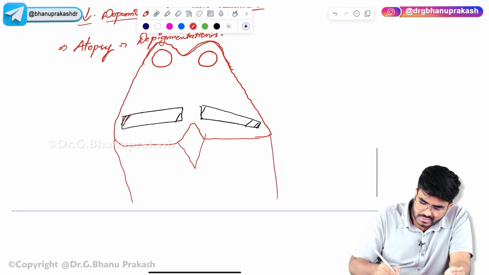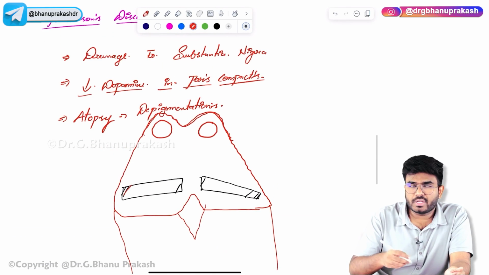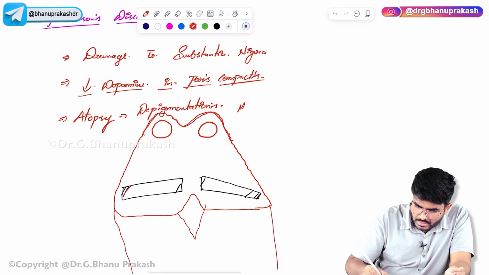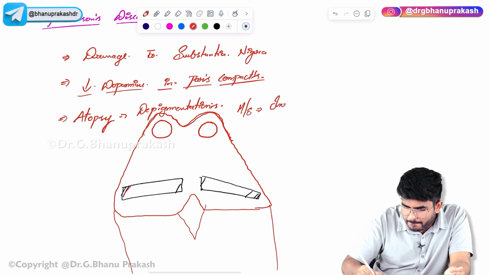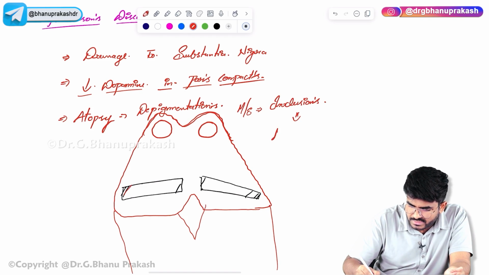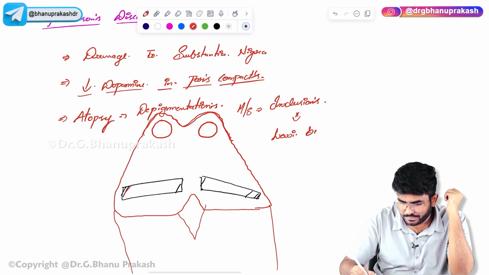If you take the neurons from here, the neurons are getting degenerated. So in gross morphology, there is depigmentation. Under microscopy, what will you see? In these degenerating neurons, you can see inclusions. Those inclusions are called Lewy bodies. Inside the neurons, you will see Lewy bodies.